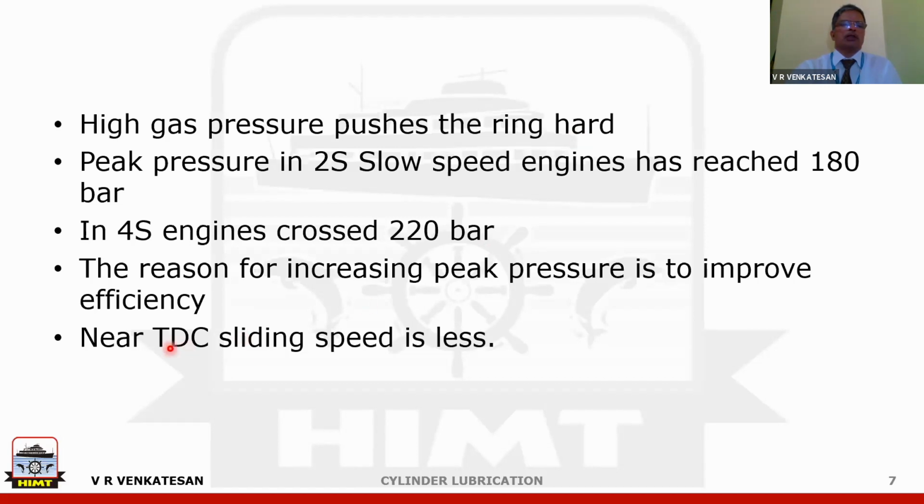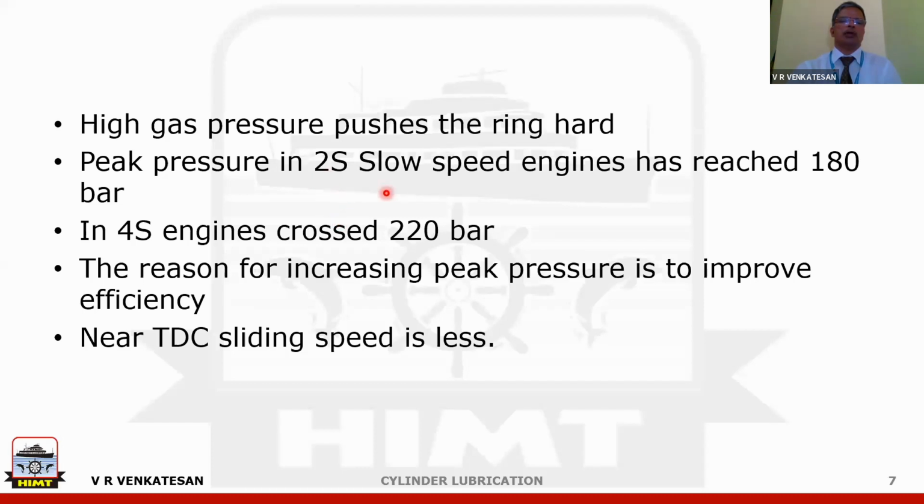This problem was always there. At TDC and BDC, sliding speed is less. In fact, at the dead centers, it does not move at all. But the advantage at BDC is there is no pressure also, no force on the ring. But at TDC, you have a serious problem. You've got a piston ring which is not moving at all, and you also have very high pressure.